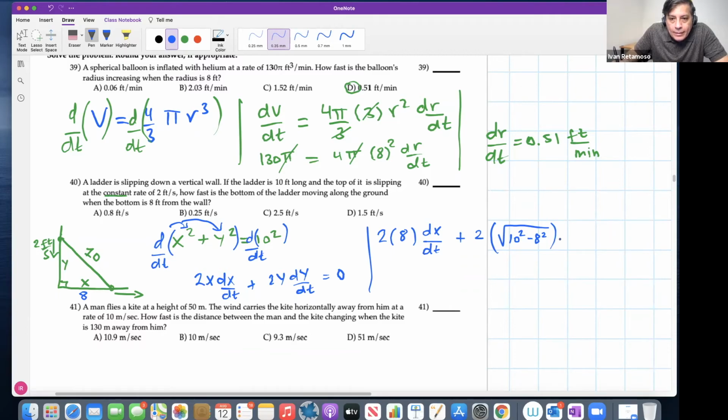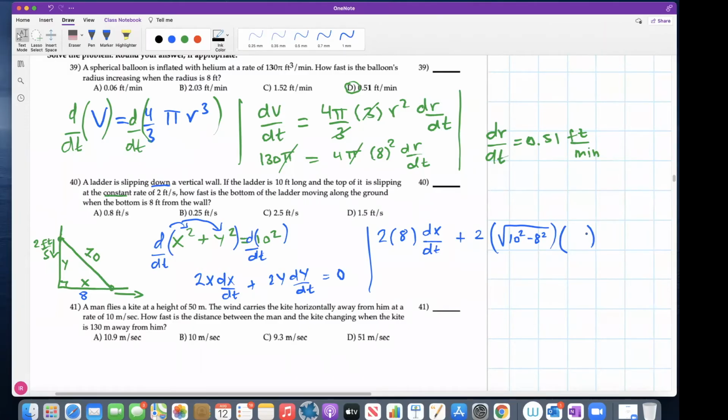Now, dy/dt. This is a question for you guys. They are saying that the ladder is slipping down vertically at this speed, 2 feet per second. Should we write here 2 or minus 2? Anybody? Minus 2. Very good. Excellent. Minus 2. And the reason is y is decreasing over time.